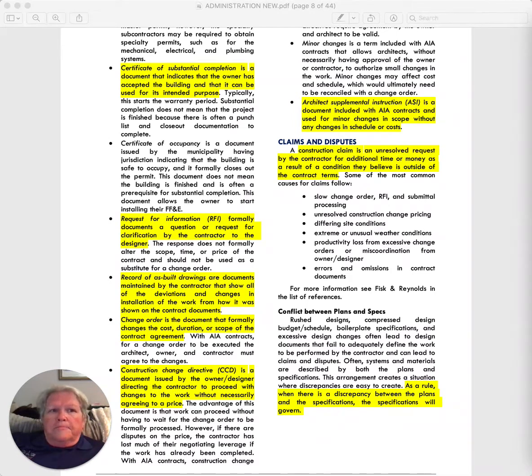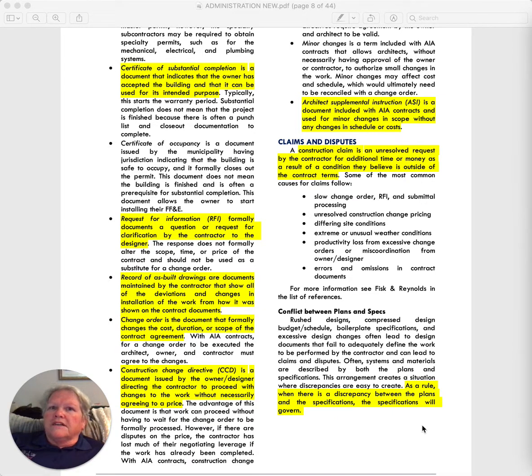The next phase is talking about claims and disputes. And there are 3 or 4 important points upon this. If there's a conflict between the plans and specs, I know it says here that the specifications will govern as a matter of fact.